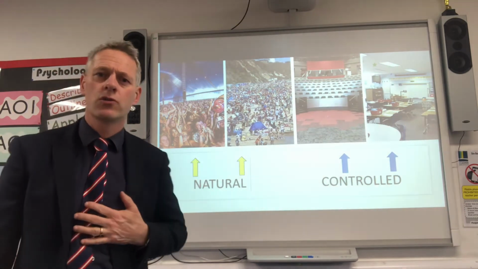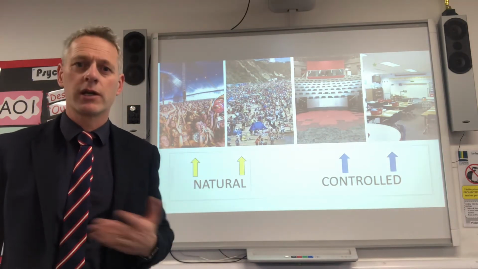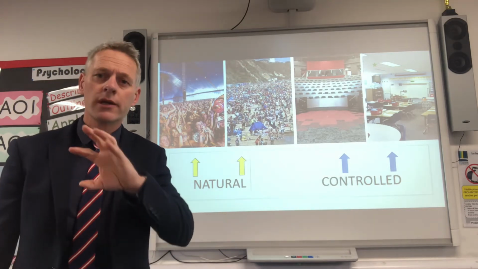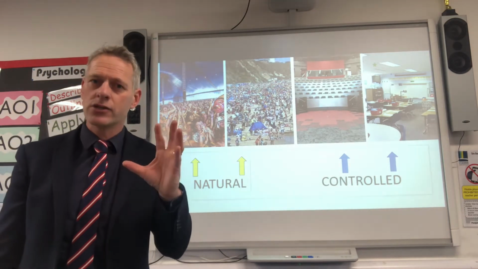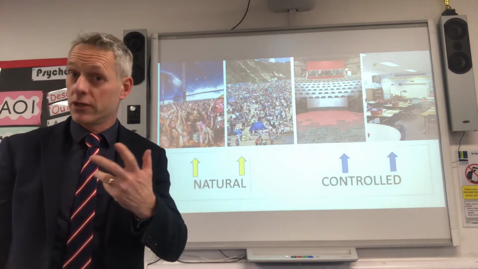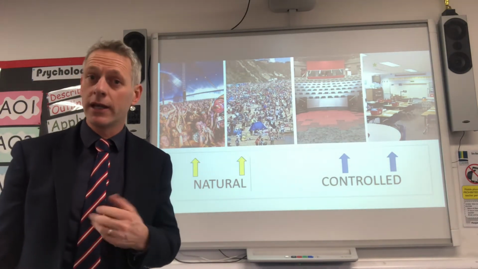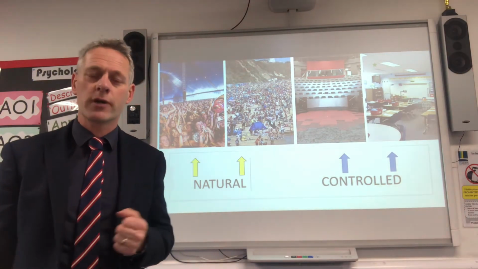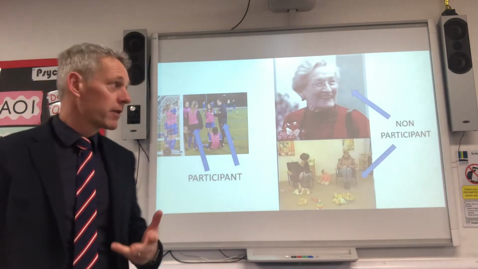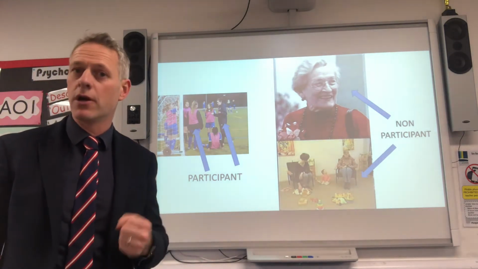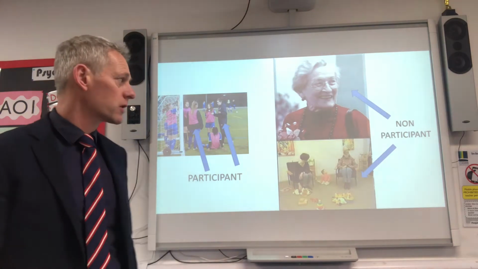Similarly, we could use a lecture theatre somewhere like a university. All right? So naturally occurring, we don't change anything. Controlled observation, we have an element or degree of control, maybe a very high level of control over exactly what happens in that situation.